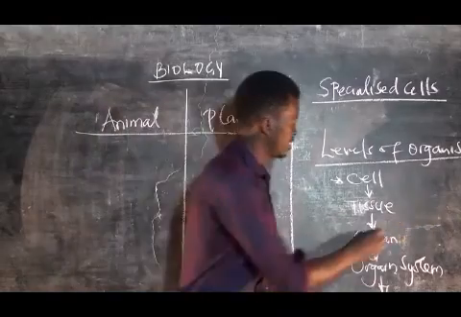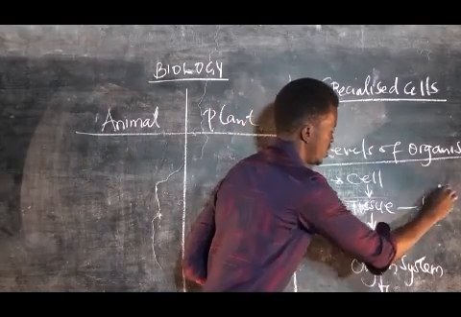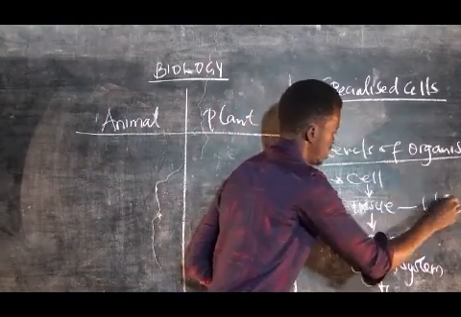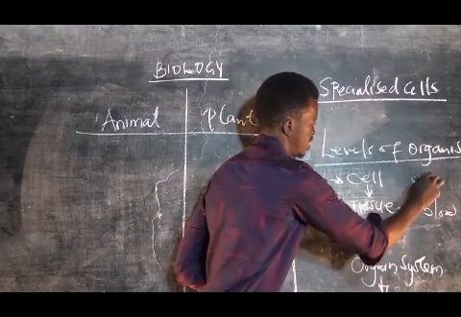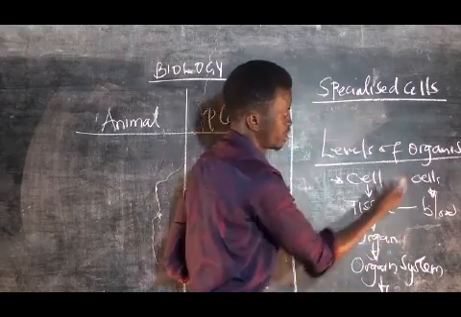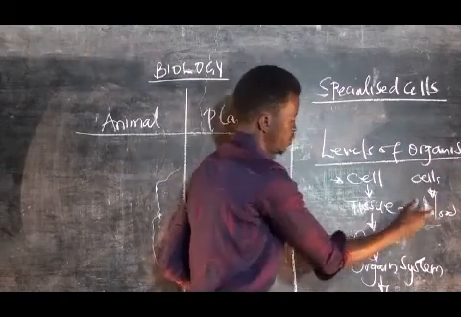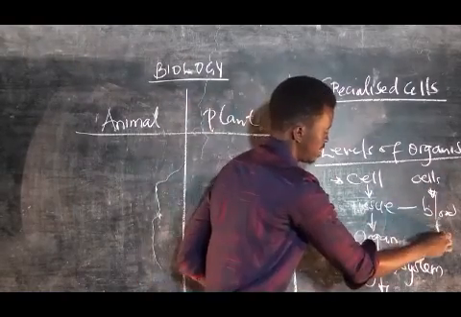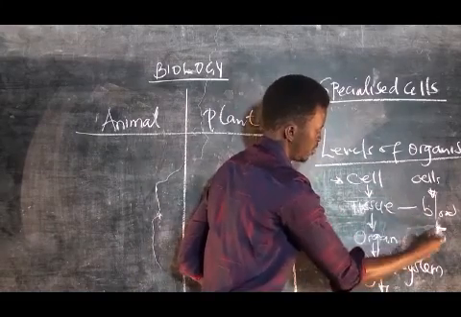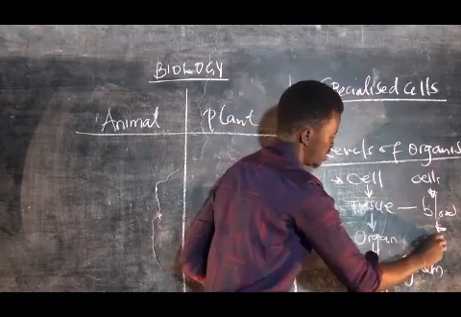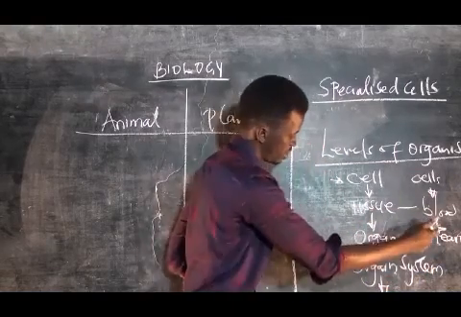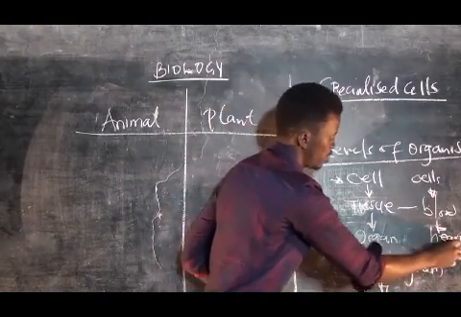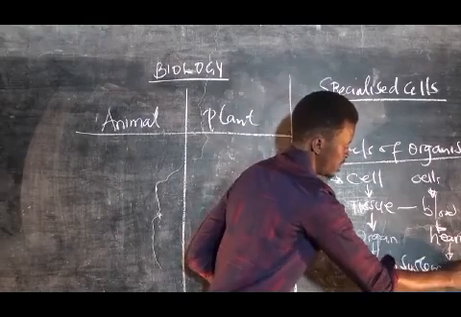Let's say, for example, in the tissue, you have blood, and in that blood there are actually cells forming that, like red blood cells, white blood cells, platelets, they form blood, which is a tissue. Then the blood will come, you form the heart, which is an organ. Then the organ system will now be the circulatory system.